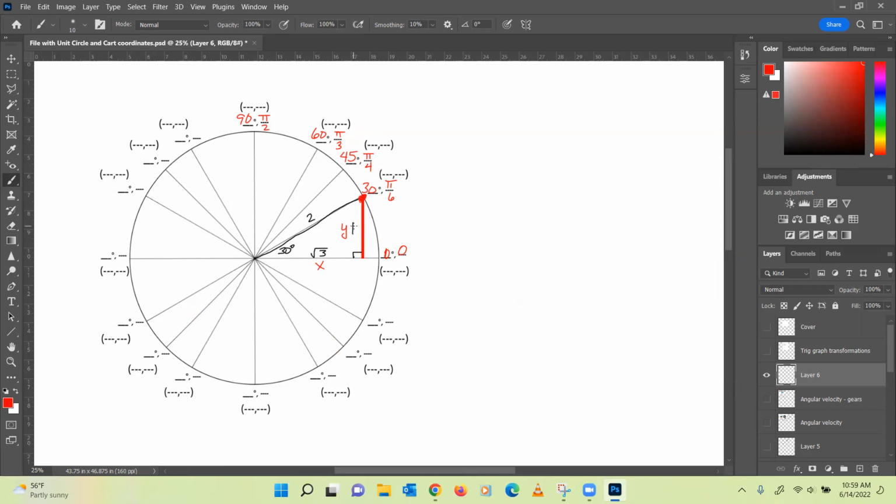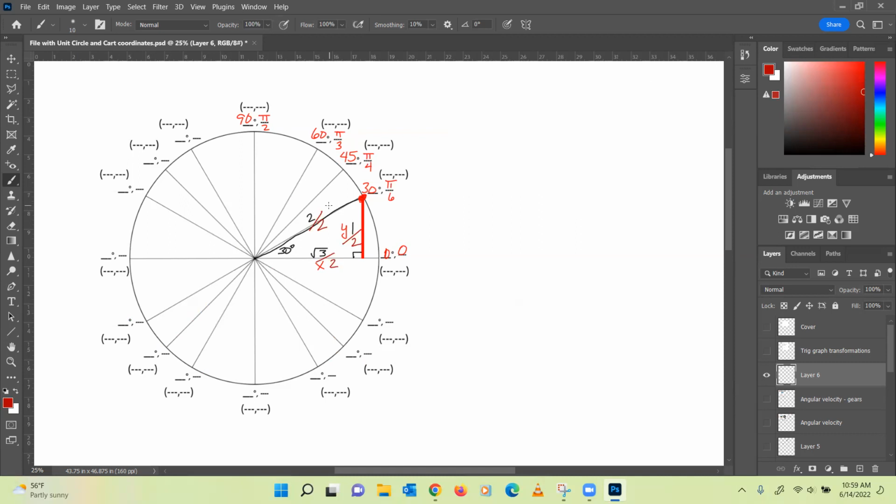So we have a relationship here of, oh, you know what? We said this was a unit circle. That's going to change things a bit. Our radius can't be 2. Our radius needs to be 1. So I'm going to divide that by 2. If I divide that by 2, I need to divide the other sides by 2 to make this work.